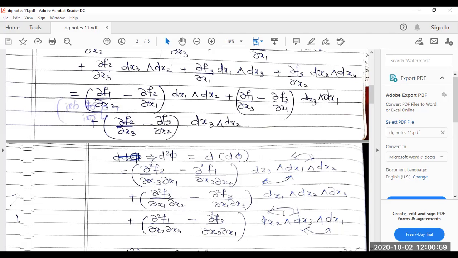So now we just have to rearrange the terms. If I want to write down this expression as one term, we have to perform a change of order.